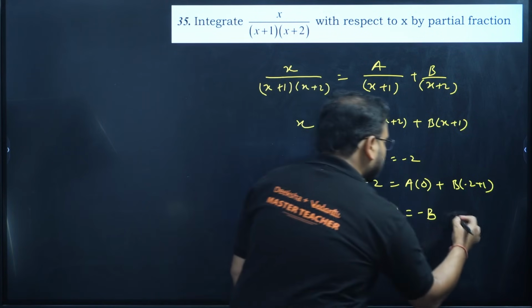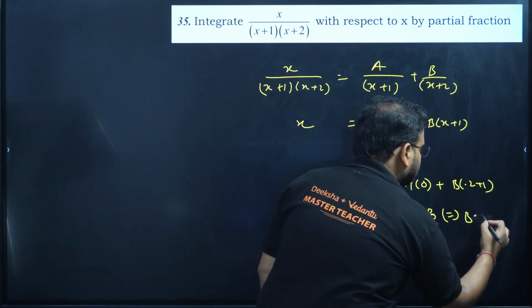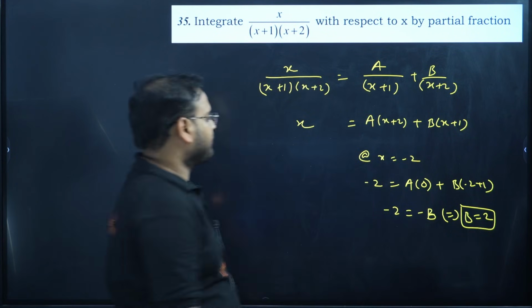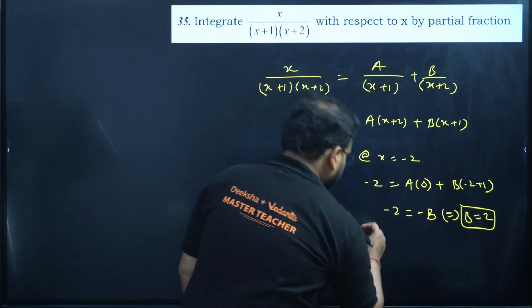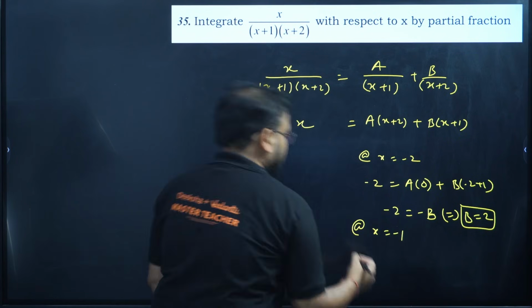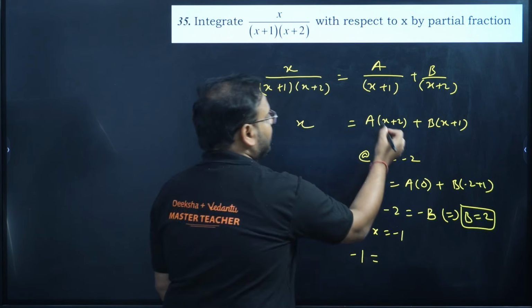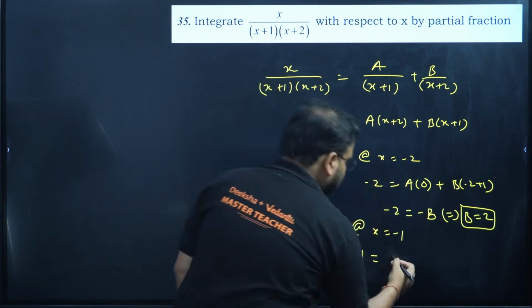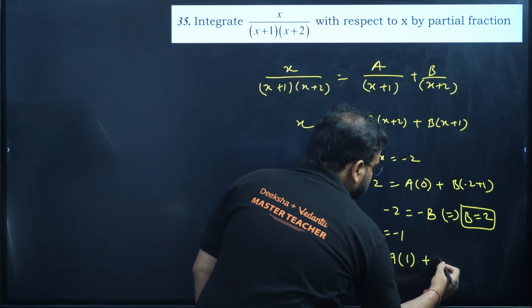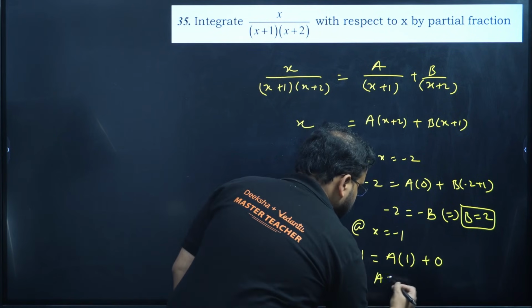So from here you are getting the value of B as 2 simply. Now this time you put x as minus 1. You have the LHS as minus 1, and over here you'll have A times minus 1 plus 2, that is 1, and the B term will be 0. So you get the value of A as minus 1.